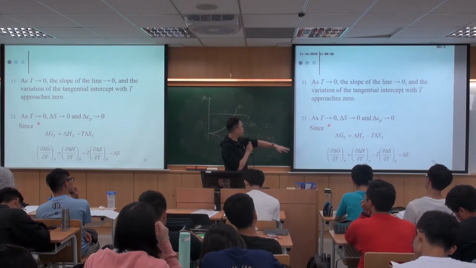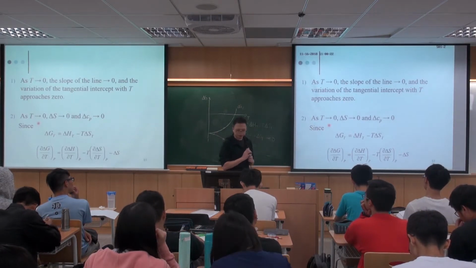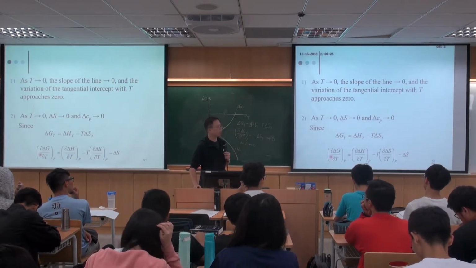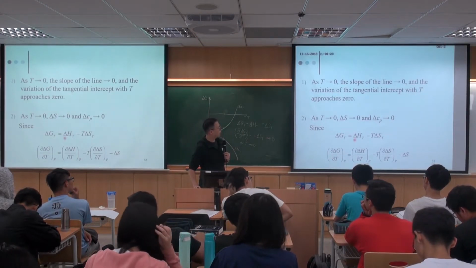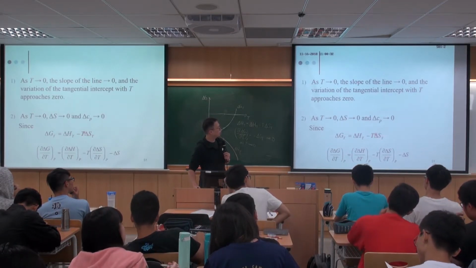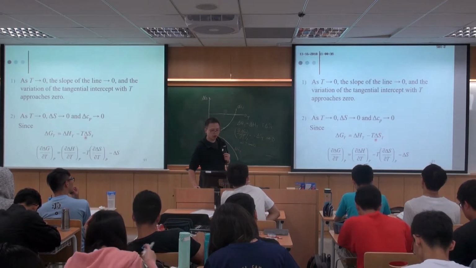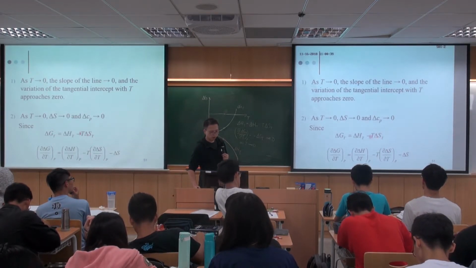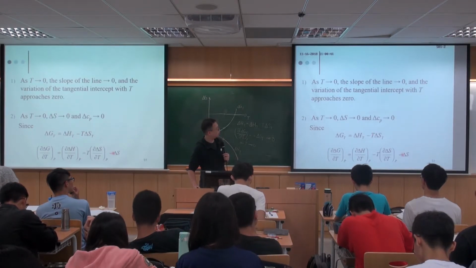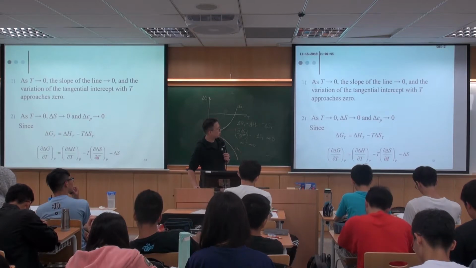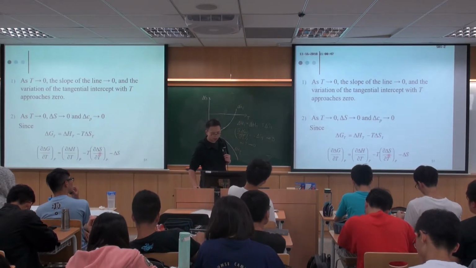Okay? If you start from this equation, and then you take the derivative against temperature, you'll see that you have the first term, and because you have two variables here, we have to take the derivative of, for instance, the first one here, and it will become minus delta S. And for delta S t, it is this term over here.